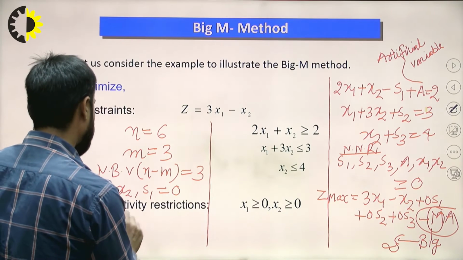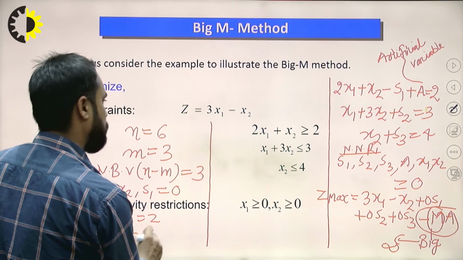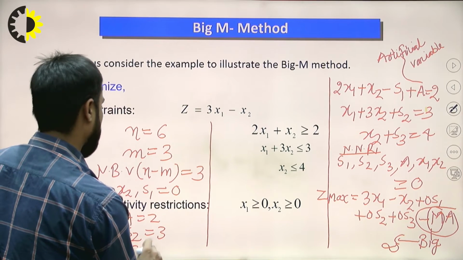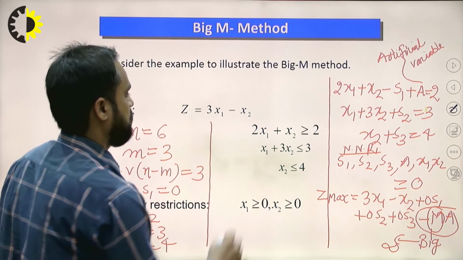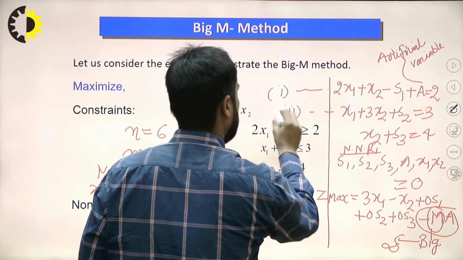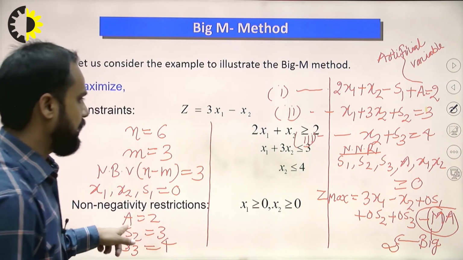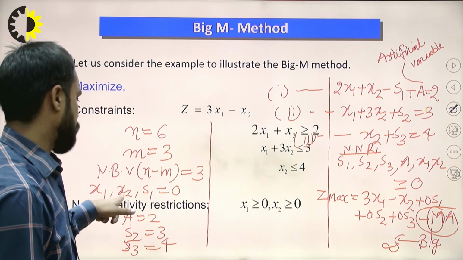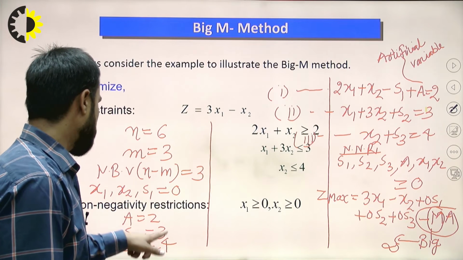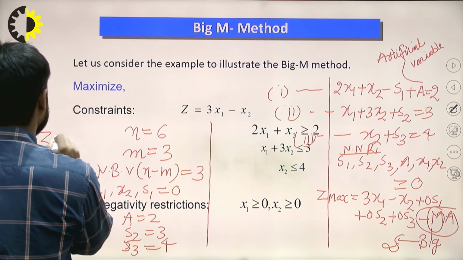What are the basic variables? A1 is equal to 2 from the first equation, S2 is equal to 3 from the second equation, and S3 is equal to 4 from the third. This is constraint number 1, constraint number 2, constraint number 3. After putting x1, x2, s1 equal to 0, we get A1 equal to 2, S2 equal to 3, S3 equal to 4, and the value of Z is equal to 0.